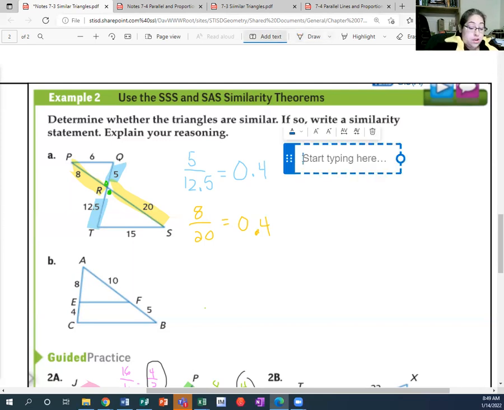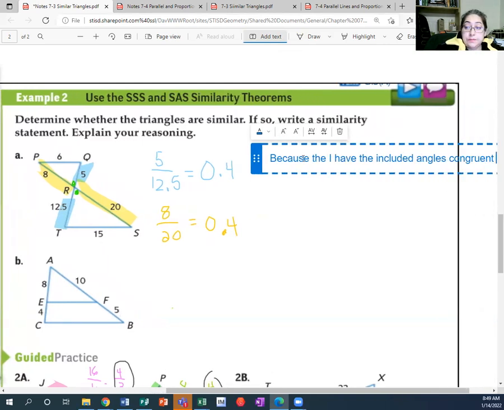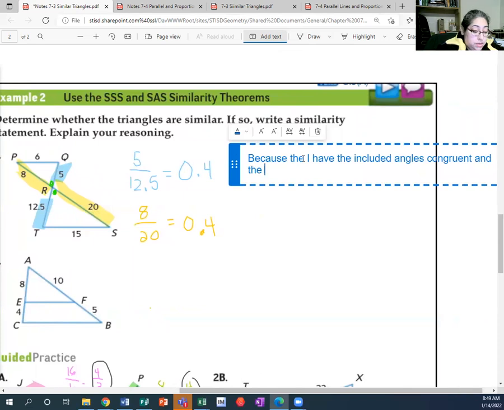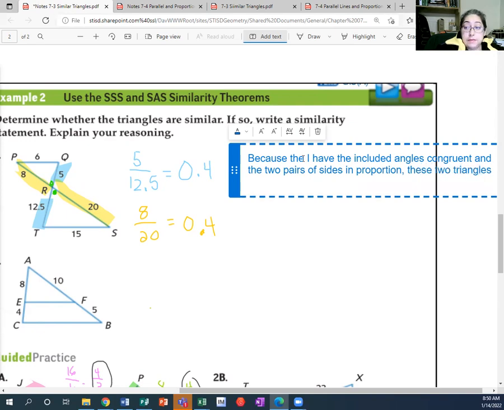Because I have the included angles congruent and the two pairs of sides in proportion, that is, the ratios are equal, these two triangles, please name them.